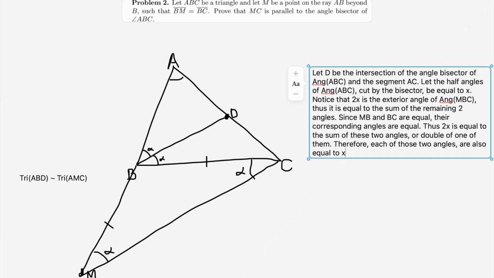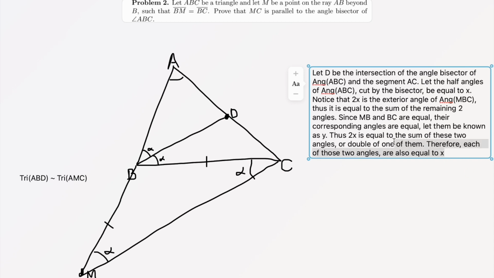Actually, one thing I want to change, this can be a bit vague, so I'm going to actually change it to naming it y. Their corresponding angles are equal, let them be known as y.